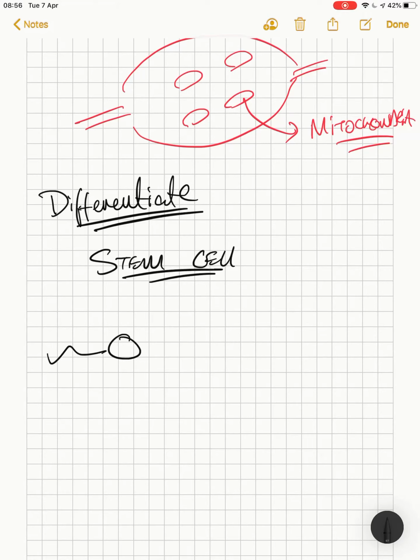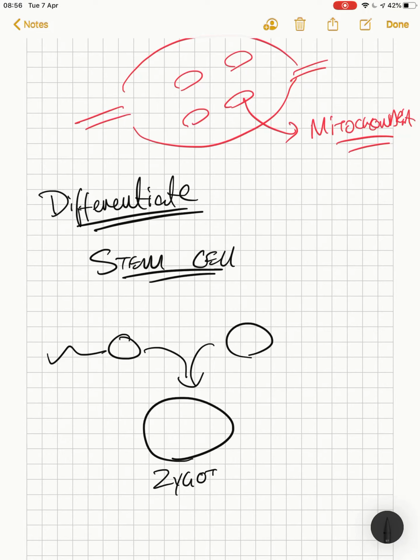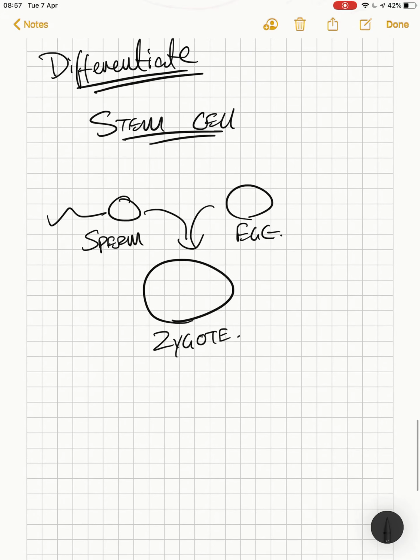So if we imagine a sperm meeting an egg, they fuse together to form what's known as a zygote. And a zygote contains the genetic information from one sperm and one egg. Now, that zygote will then divide, and it's something called a blastocyst, which will eventually form an embryo.